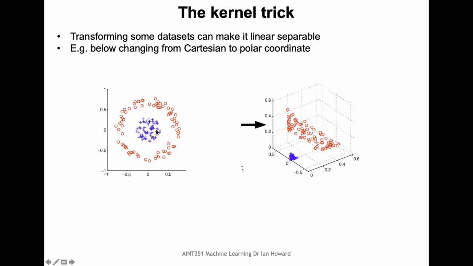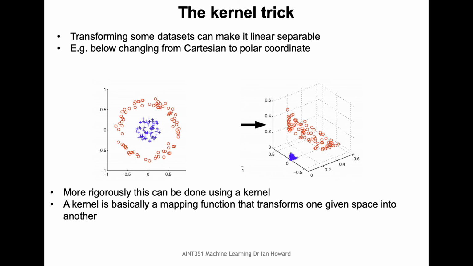If we represent the data in a different way, we can plot in polar terms in such a way that the data now looks quite separate, and something that we could actually chop up using a linear function, right? So basically a kernel is a sort of mapping function that transforms one space into another.